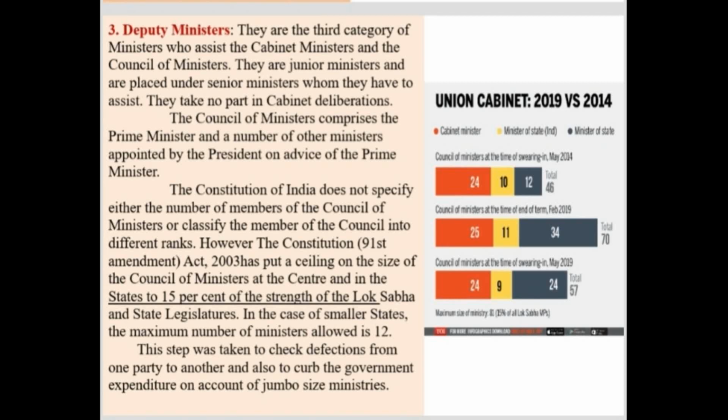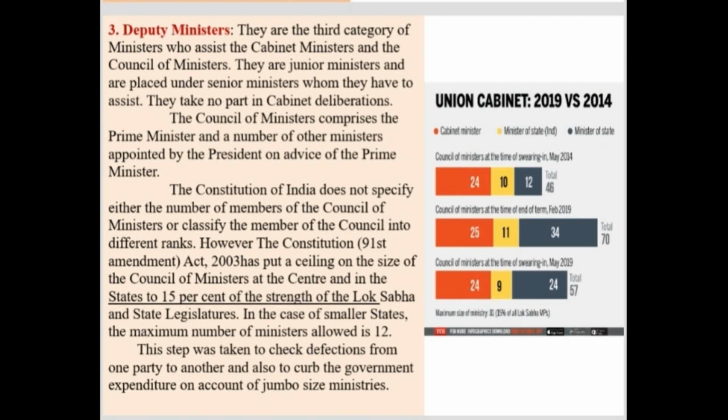But the 91st Amendment Act in 2003 has brought a change in the previously existing provision in the constitution. Now this 91st Amendment Act 2003 has put a ceiling on the size of the council of ministers. That means the president and the government cannot go for as many ministers as they want.